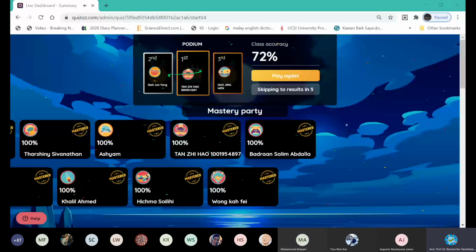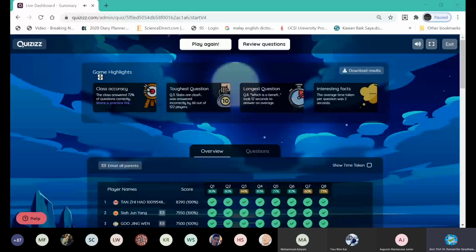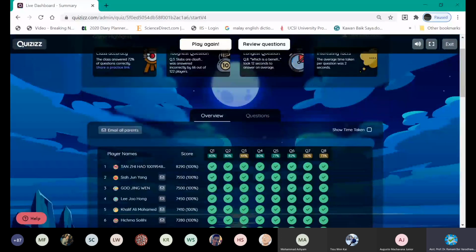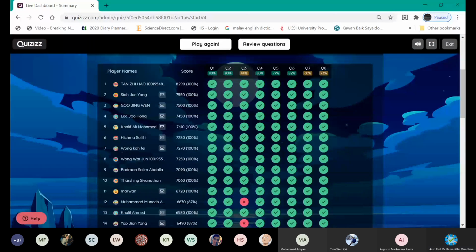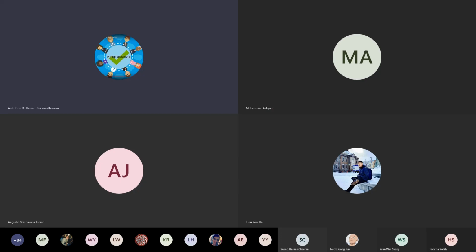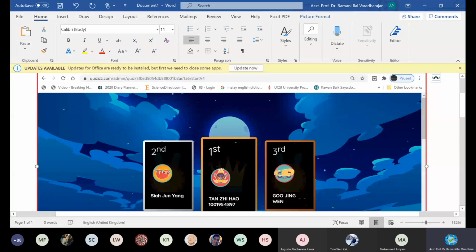You can see the winners, right? You can see or not? Okay, one moment. Let me share the results. You can see the results. Our toppers in building components just now: Xia Yun Jung, Tanzi Hao, Ko Jin Wen. Friends, good.